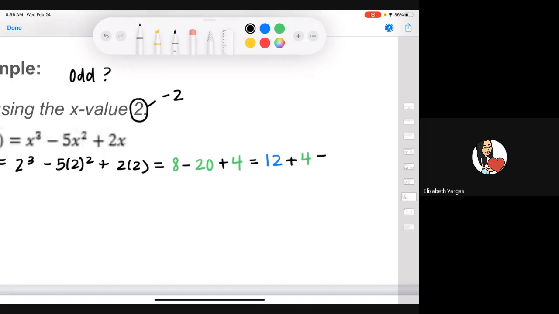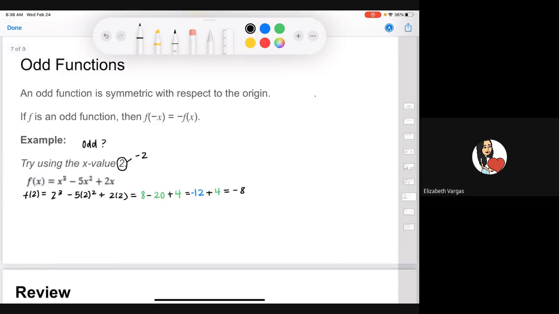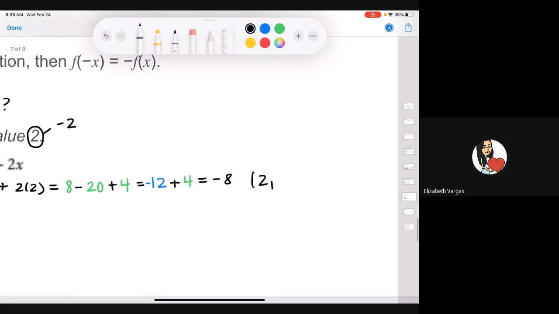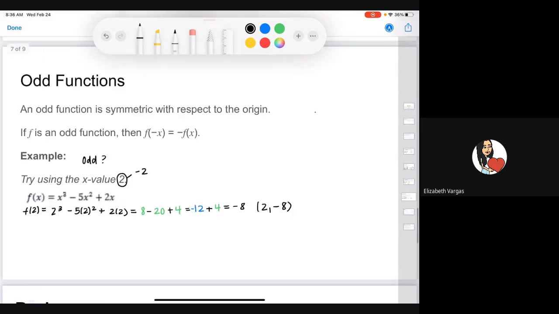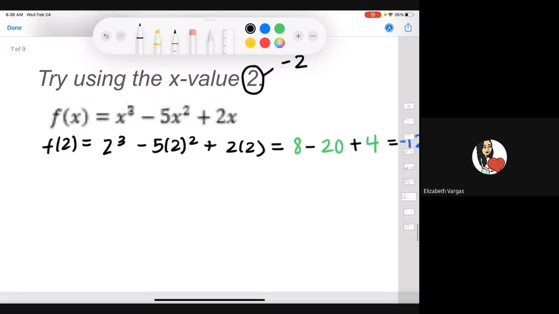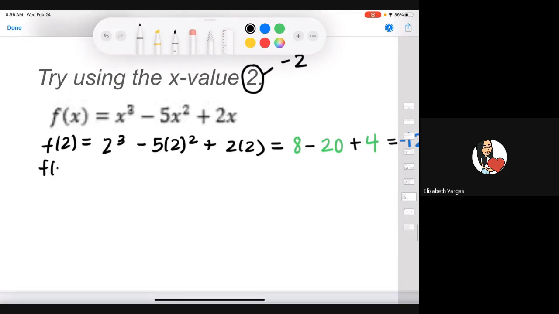Simplify that further, I get negative 12. Negative 12 because I'm subtracting 8 divided by 20, so that gives me negative 12. And so that results in negative 8. So here I put in a 2, and I got out a negative 8. Okay, so now let me go ahead and test my negative 2.